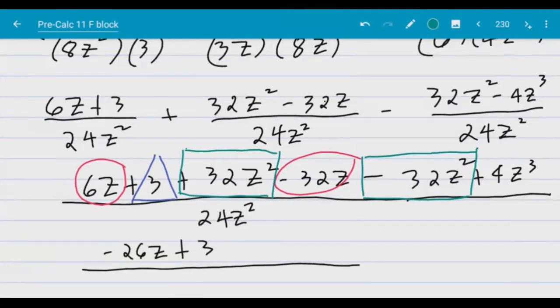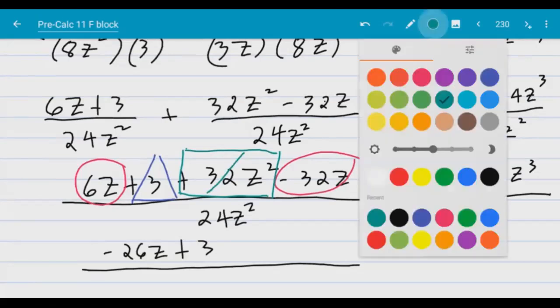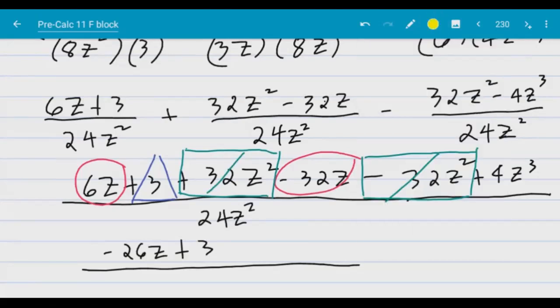The ones in green: positive 32z squared minus 32z squared, that becomes a 0, so this cancels out with this. The 4z cubed at the very end, maybe a diamond, another shape. It stays by itself because it has no other like term. Over 24z squared.